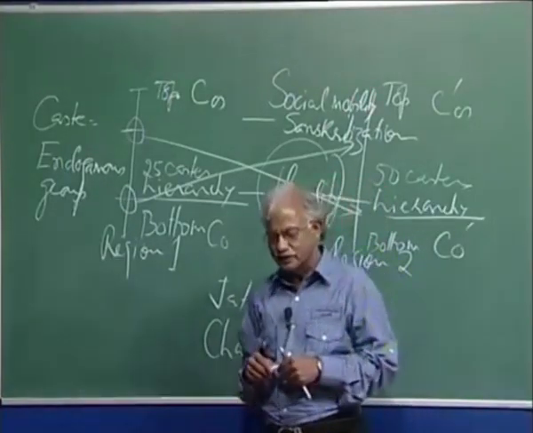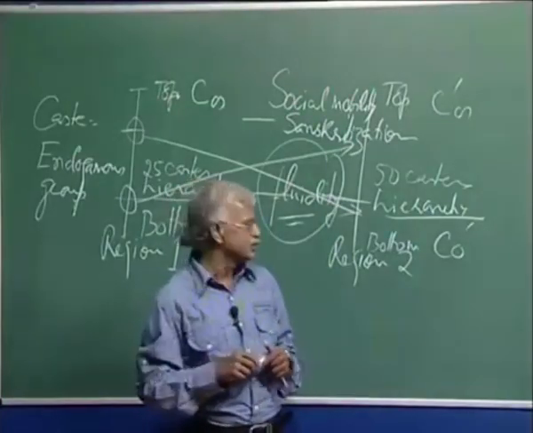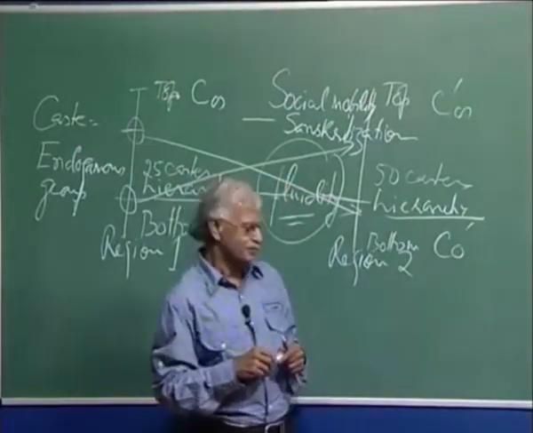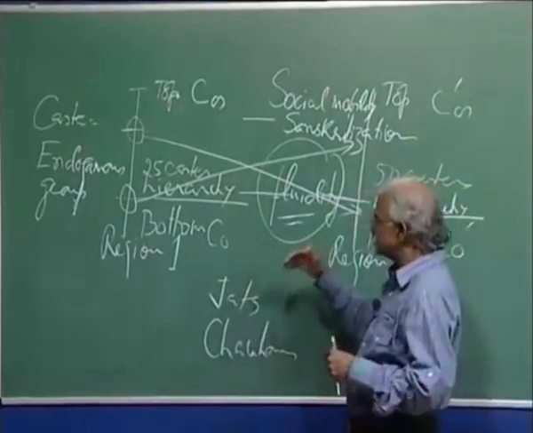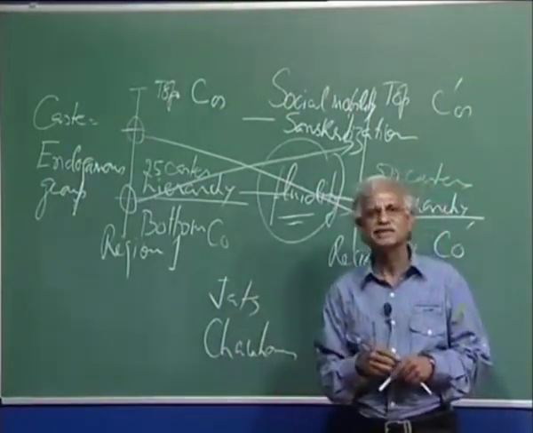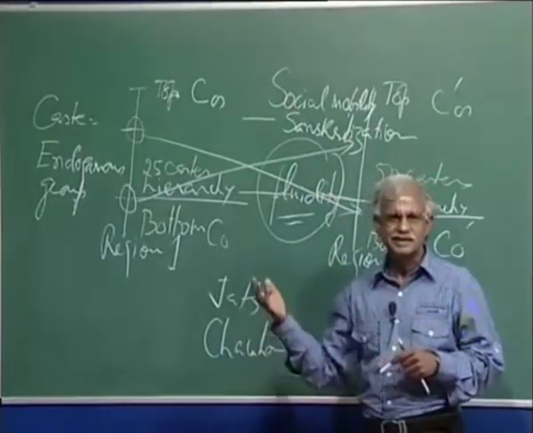But it must be emphasized that in Sanskritization, although there is change of position of different castes, there will be no structural change, means the concept of high and low, the concept of hierarchy, these things continue.